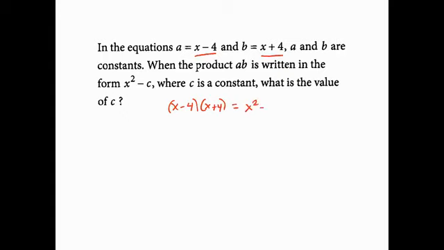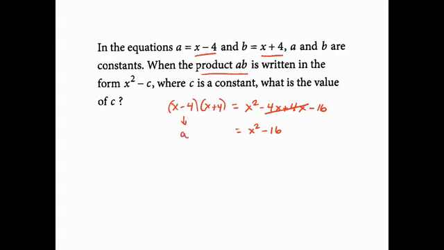Then we get a negative 4x, a positive 4x, and negative 4 times positive 4 will give us a final constant here of negative 16. As we discussed earlier, the x factors cancel out. Negative 4x and plus 4x equals 0. And we're left only with x squared minus 16.